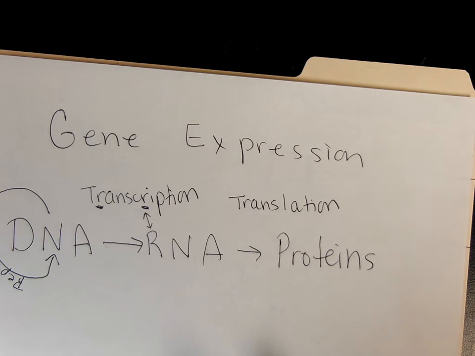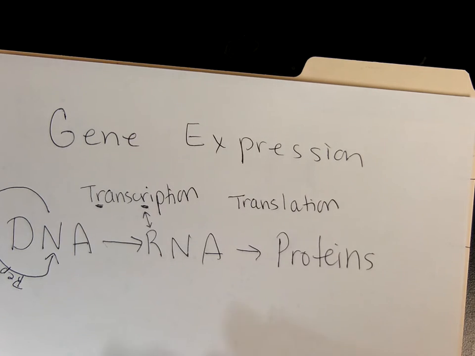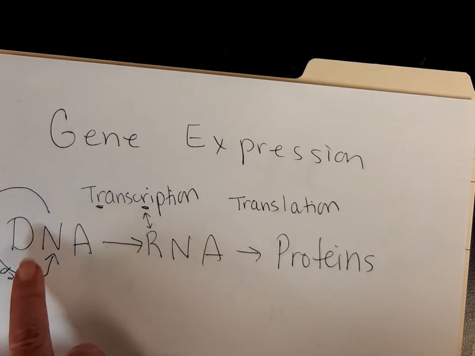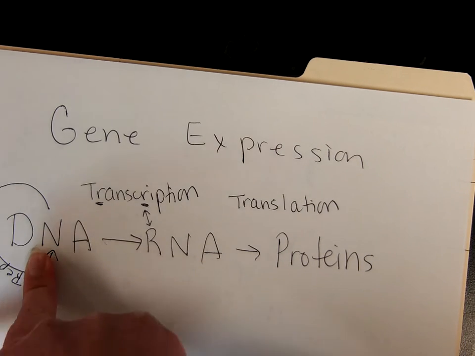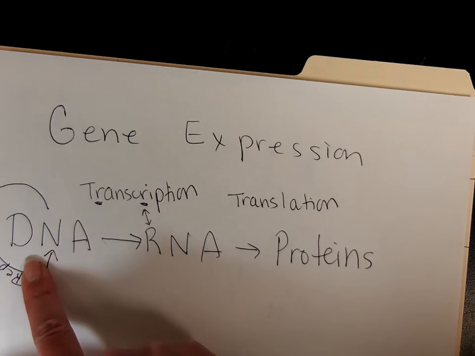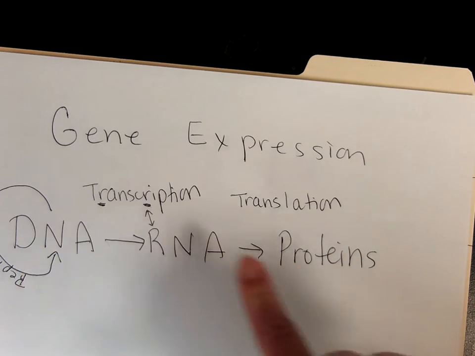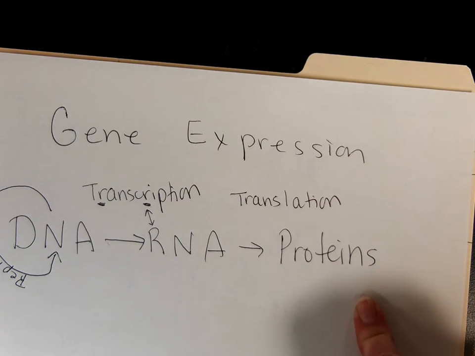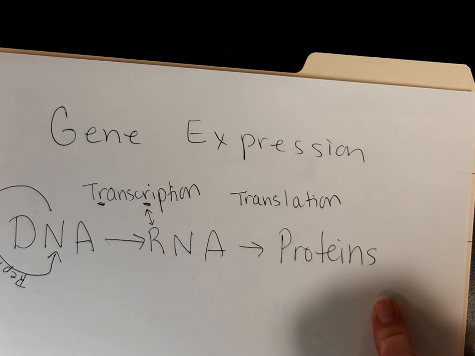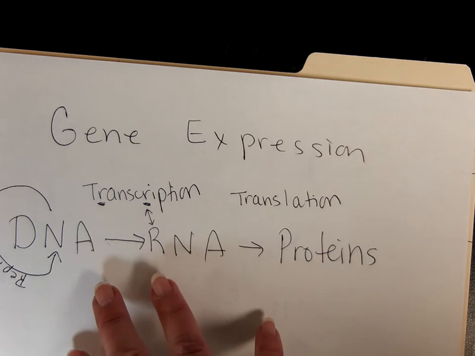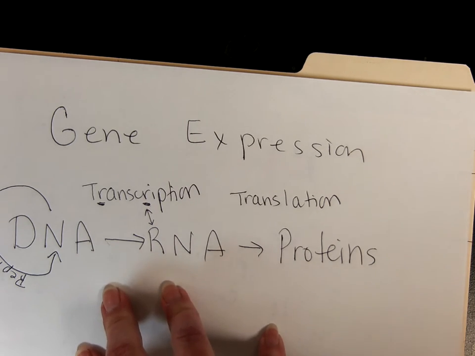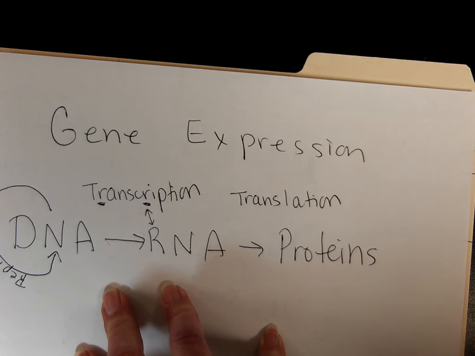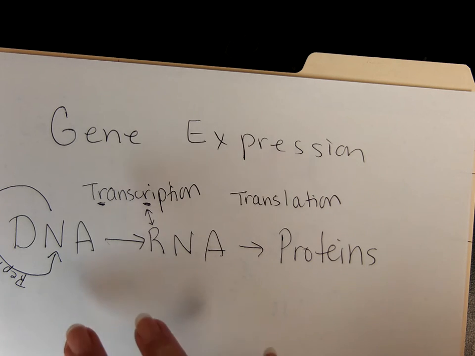And one little side note here, this gene expression wasn't always known about, how the information got from being locked up in a chromosome in the DNA out to a ribosome and translated into a protein. If you remember Watson and Crick, those that put the model of DNA together in 1953, Francis Crick took part in what was called the central dogma.